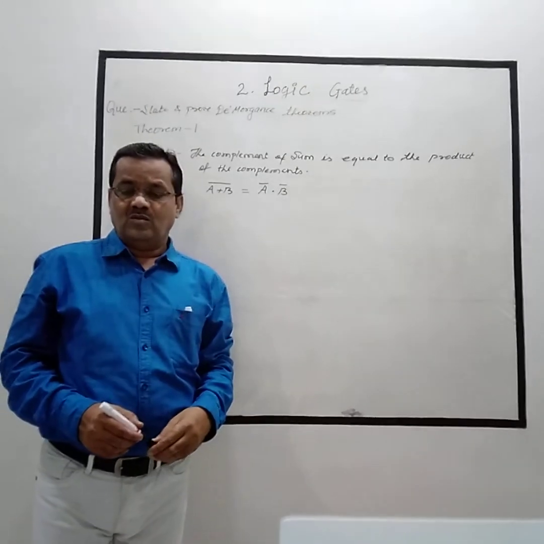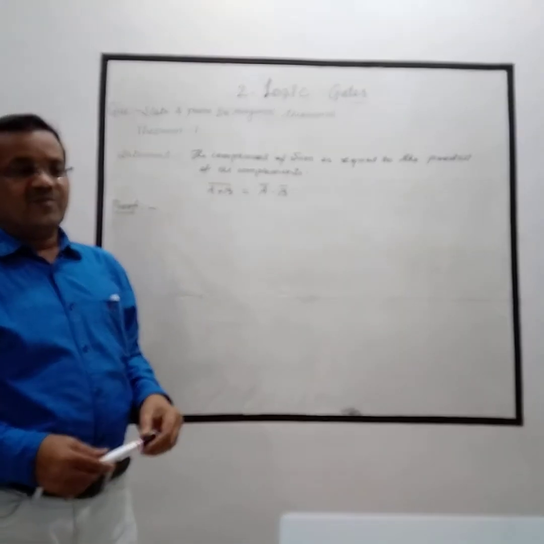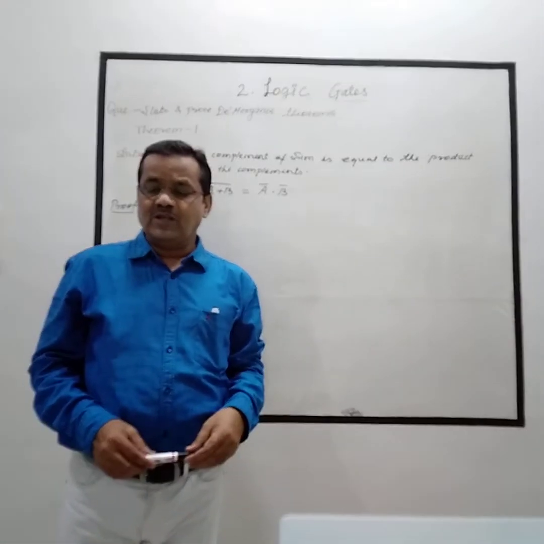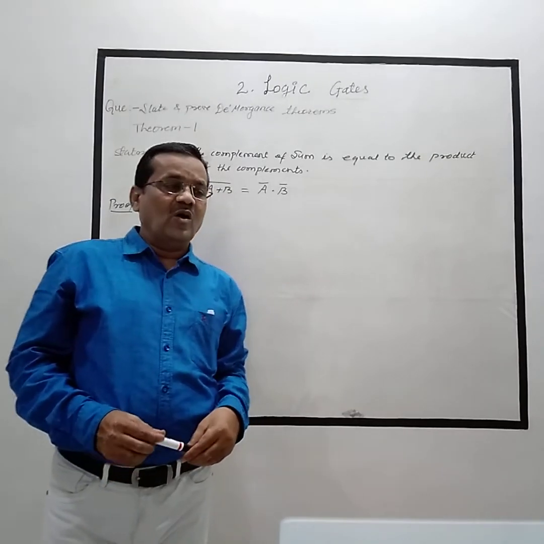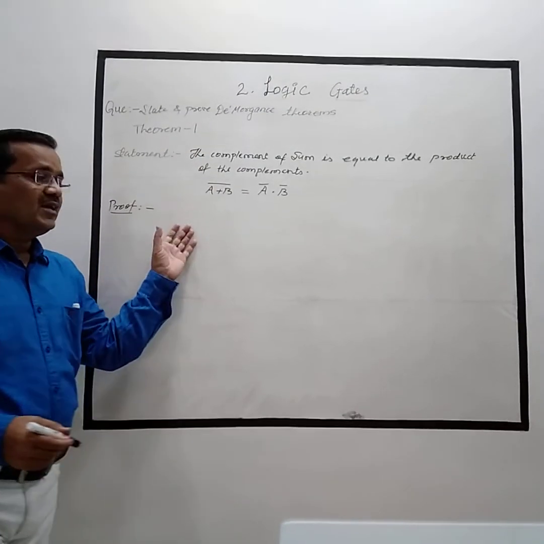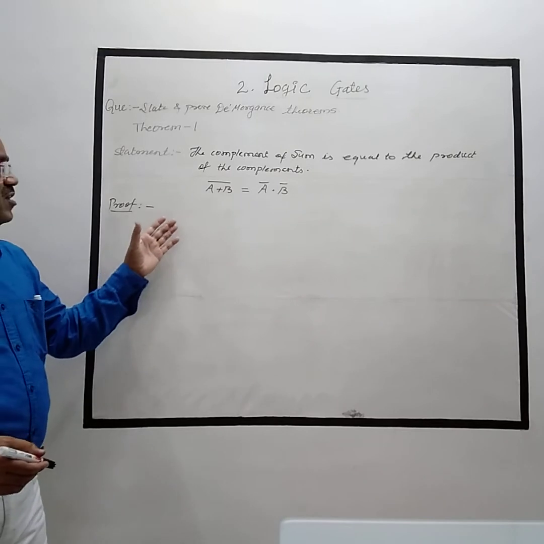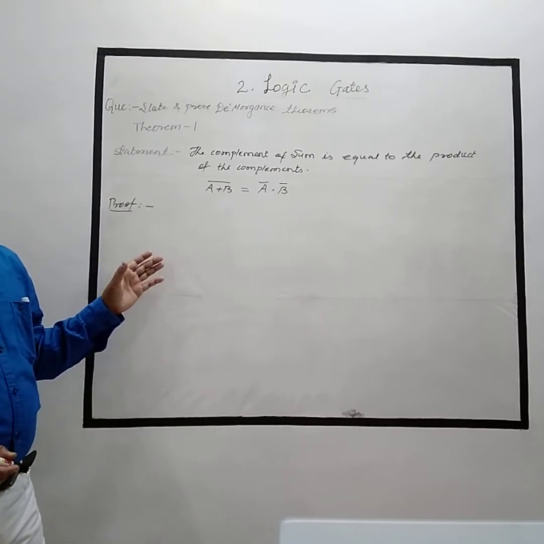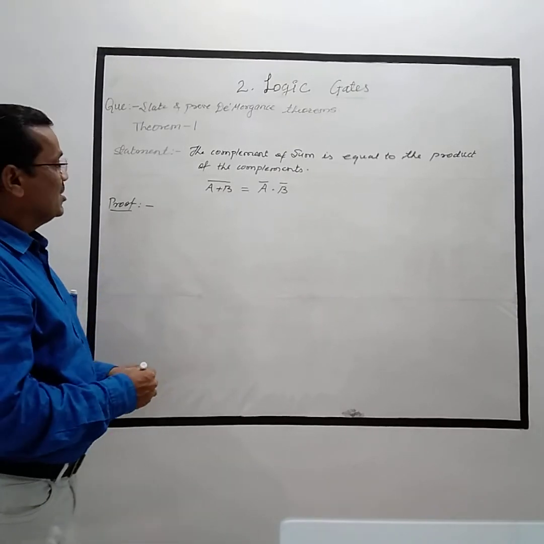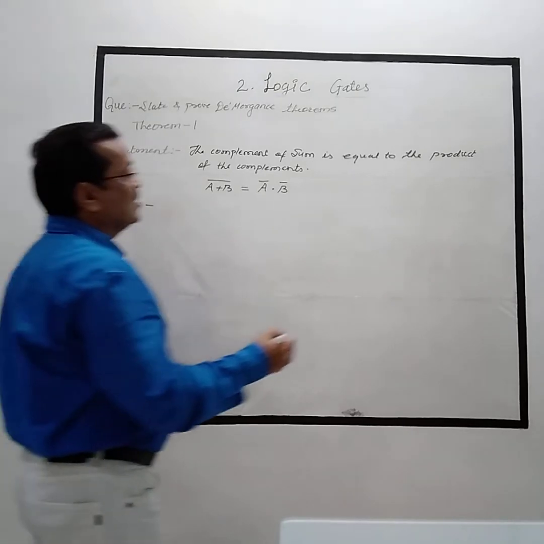Now, the theorem can be proved according to the truth table or by considering the different possible cases. So the truth table will be like this.